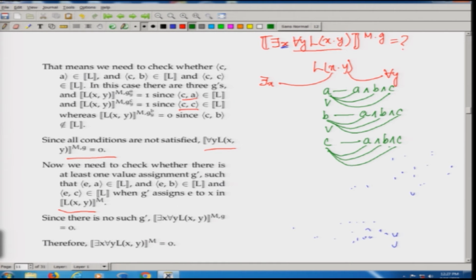That means if we find just one thing, if we find A such that A A belongs to L, A B belongs to L, and A C belongs to L, we are happy. But you see, in this case, because it is all, it has to be all three, and because it is sum, it will be or. If we find A or B or C to satisfy this, then we are happy.